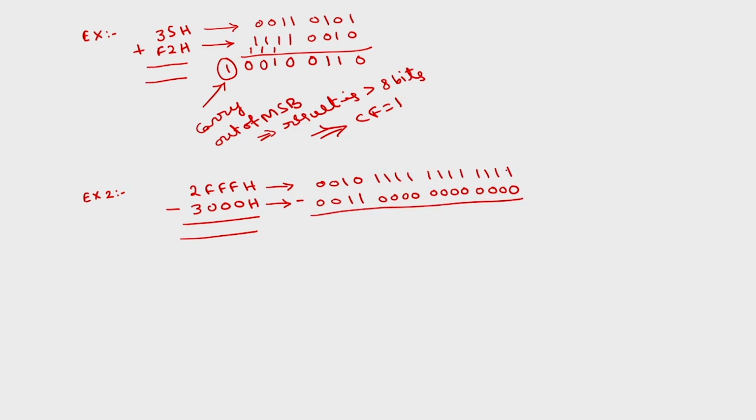So, 1 minus 0 is 1, 1 1 1 1 1 1 1 1 1, then 0 minus 1. How to perform 0 minus 1? Normally people will think that this is 0. But here this requires a borrow, it takes a borrow from the next bit.